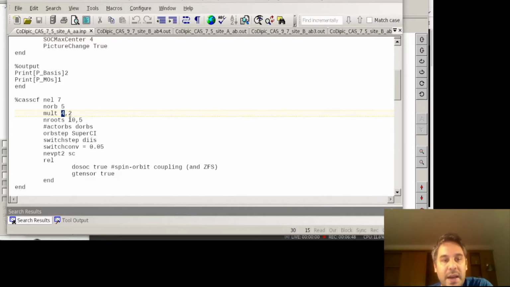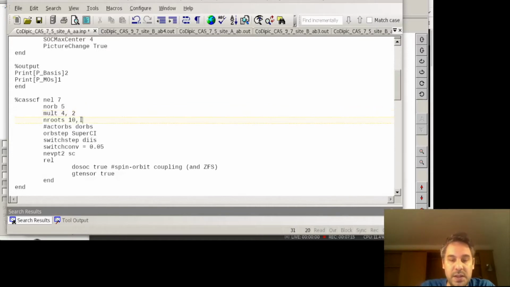So I know I have 10 high spin configurations, and because I have studied high spin cobalt before, I know that all of these configurations are in principle important in determining the magnetic properties. So choosing 10 would have probably given me a good description of the magnetism of this high spin cobalt.